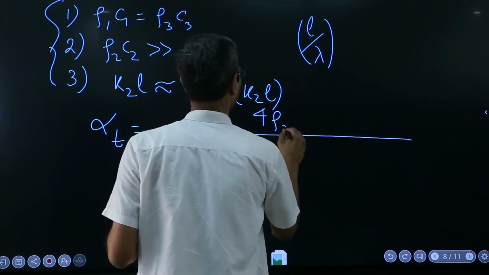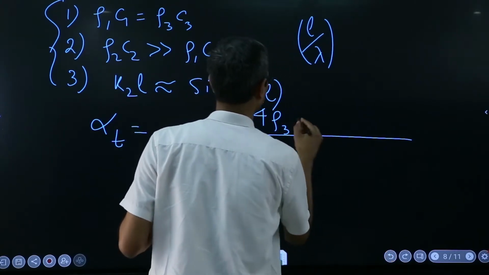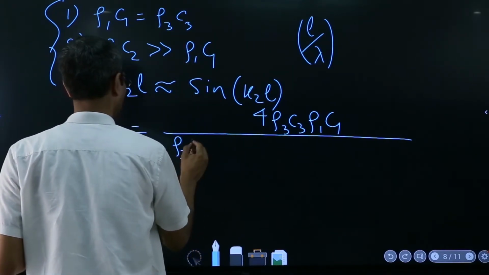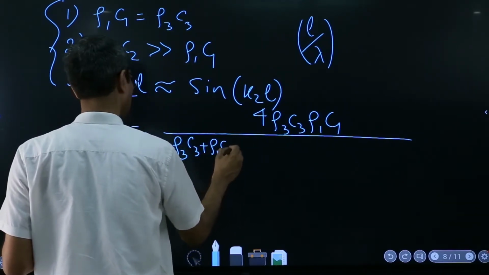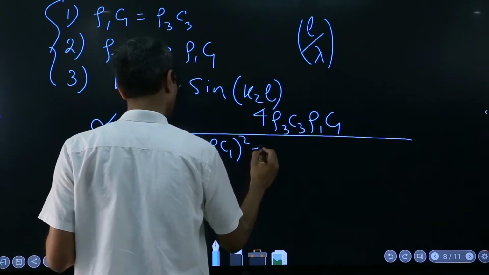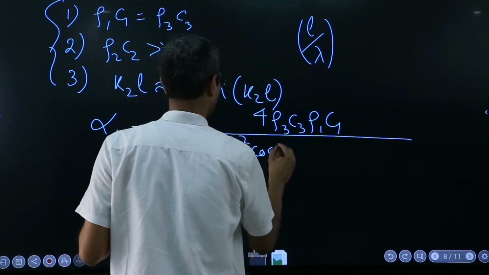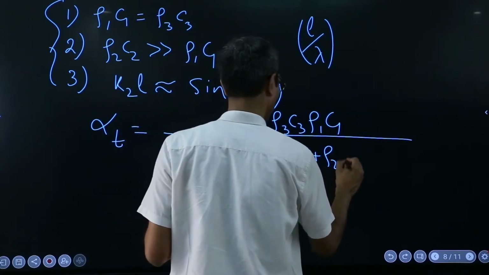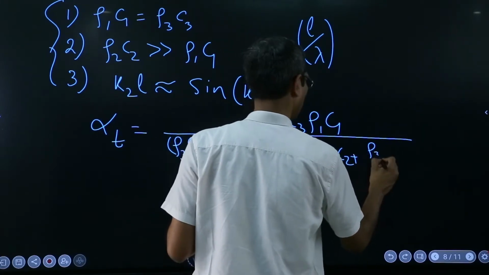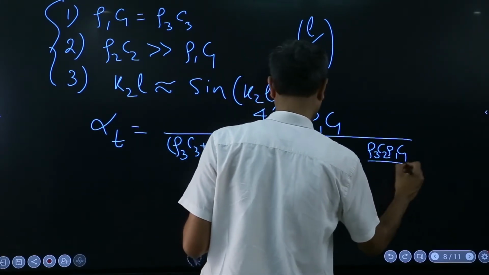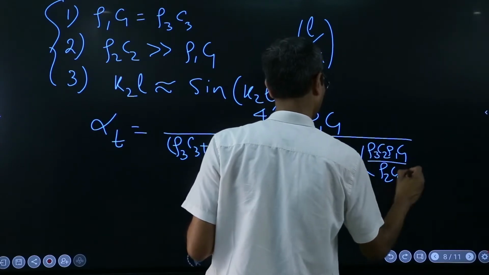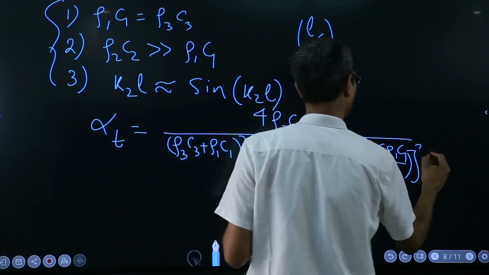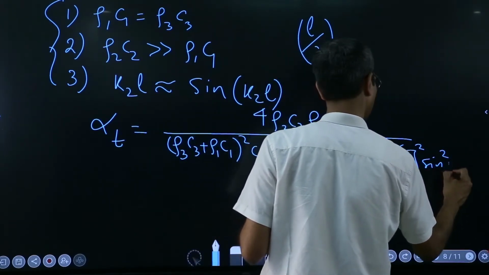So this will come out to be (rho 3 C3 rho 1 C1 over rho 3 C3 plus rho 1 C1) squared cosine of K2L plus (rho 2 C2 plus rho 3 C3 rho 1 C1 over rho 2 C2) squared sine squared of K2L.